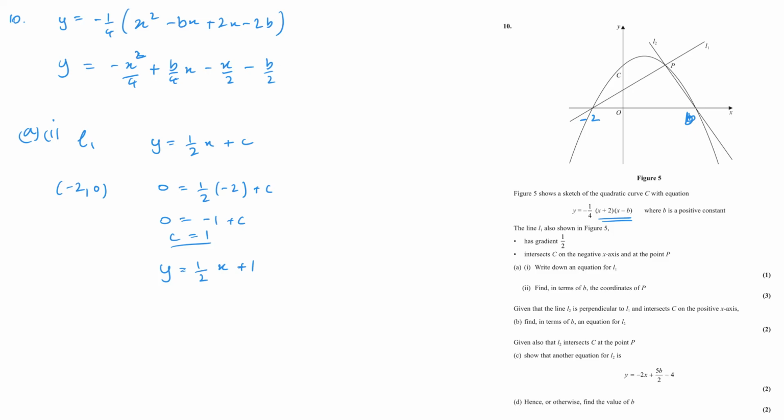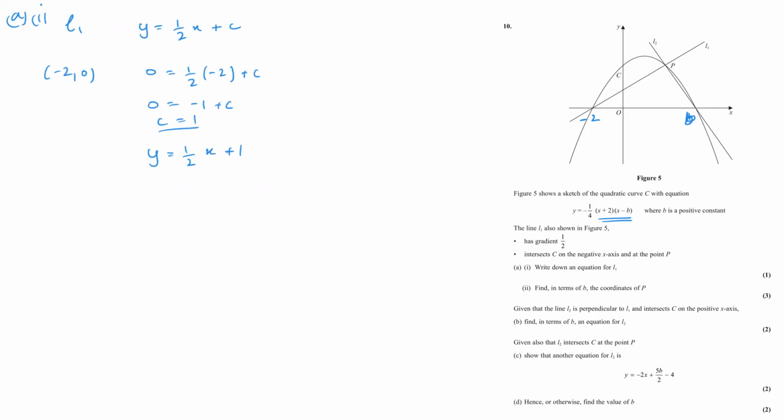Okay, part 2, sorry. Find in terms of b the coordinates of P. So P is when L1 and C intersect. So that is when minus a quarter x plus 2 times x minus b intersects with a half x plus 1. So this is a half x plus 2 if I factorize out.